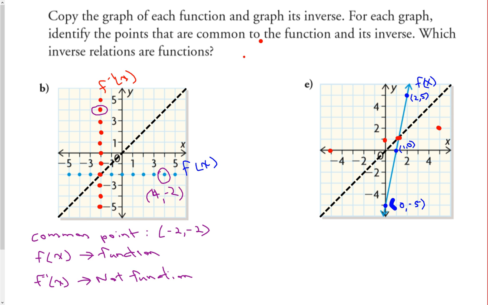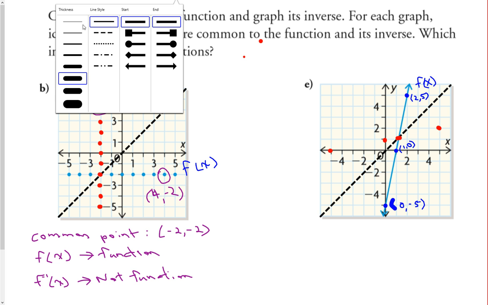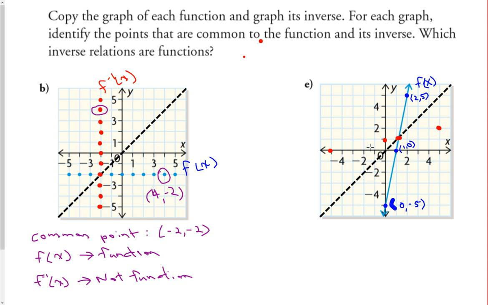So here we go. So that's going to be my inverse function. Really, I would just need 2 points because all you need is 2 points to draw a line.